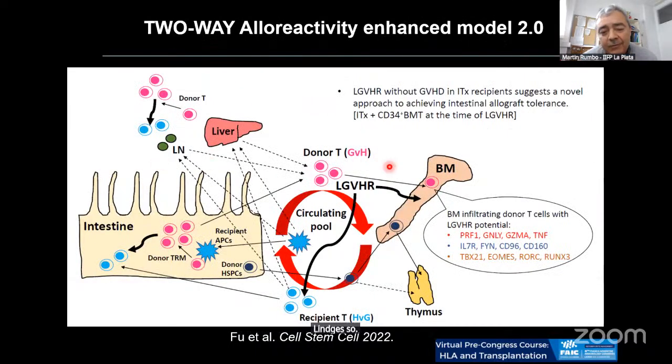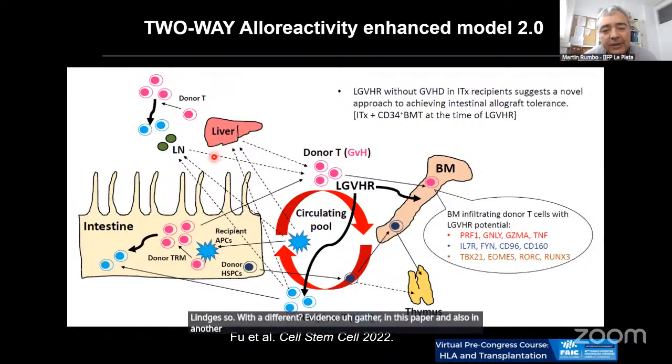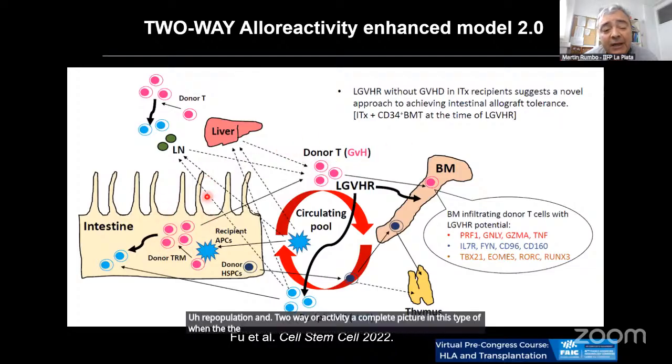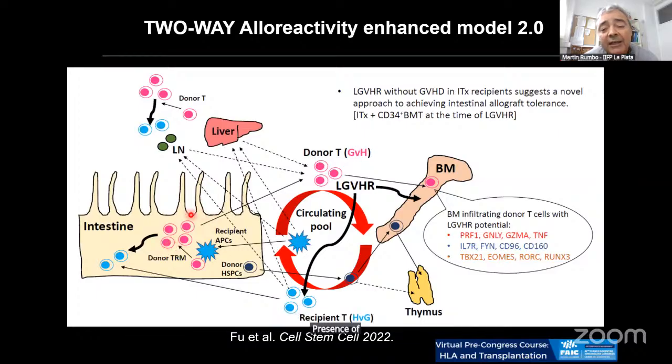So with the different evidence gathered in this paper and also in other publications over the last 5 years, we can have these models of repopulation and two-way activity, a complete picture in this type of situation when the grafts have enough presence of precursors, and even in these cases they show that donor-derived precursors can populate the bone marrow and originate a stable chimeric state, and this without any type of clinical complication.